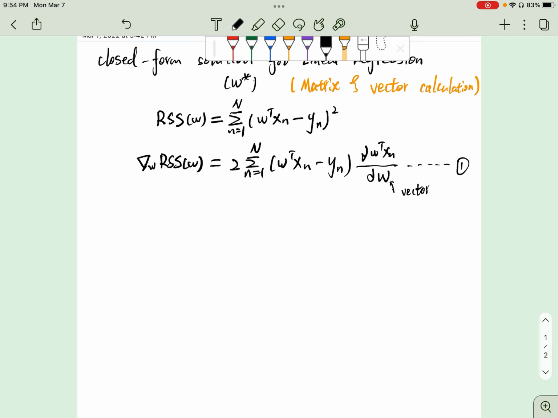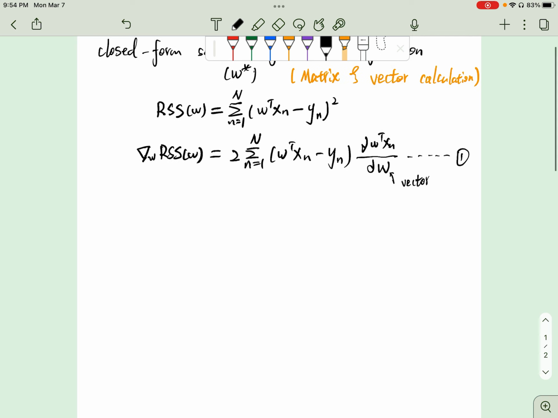Okay, so I name it as equation 1. So here I will tell you an equation that you will use, and I will do a little proof here. So that's the derivative over a vector here.